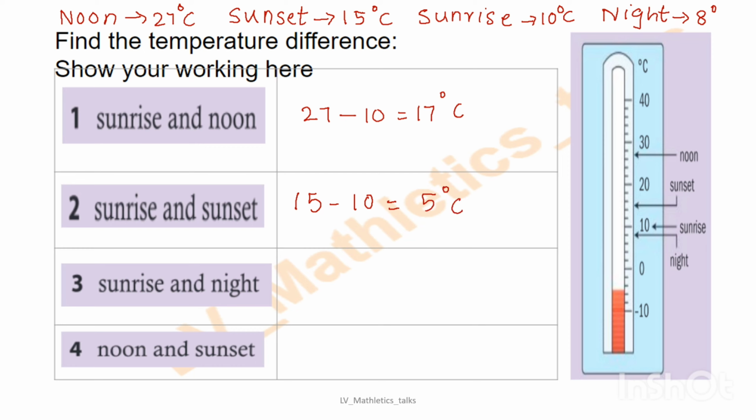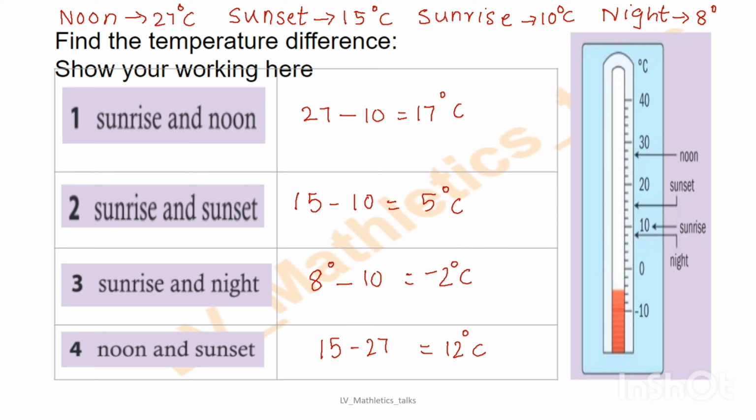What is the difference between sunrise and night? 8 degrees minus 10 degrees, that is minus 2 degrees Celsius. The difference between noon and sunset is 15 minus 27 degrees, that is equal to minus 12 degrees Celsius, right?